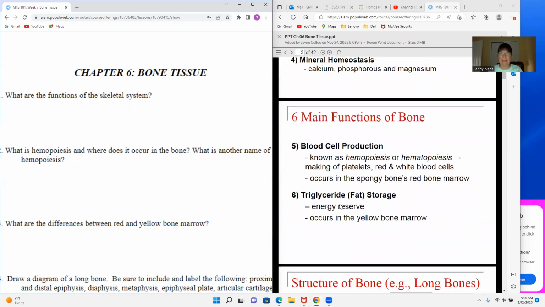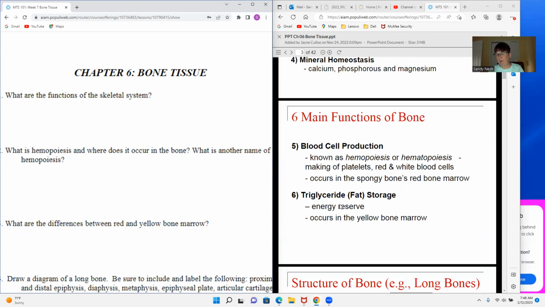Then our blood cell production is hemo, meaning blood, hemopoiesis. Poiesis means to produce. So hemopoiesis or hematopoiesis, and hemato also means blood. So hemo or hemato means blood, and it makes not just red blood cells, it makes all the blood cells: red, white, and platelets.